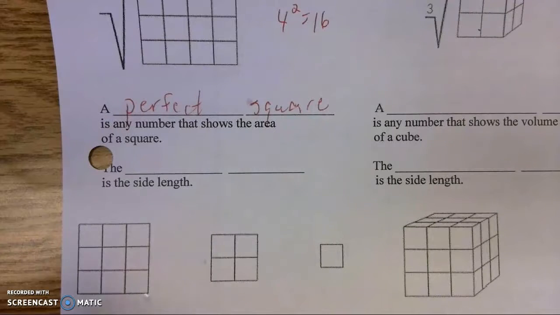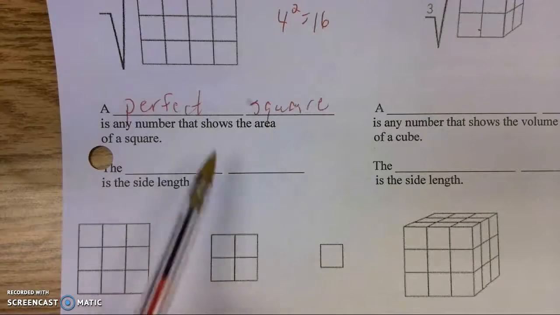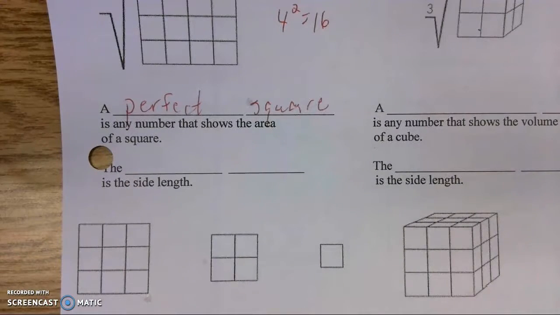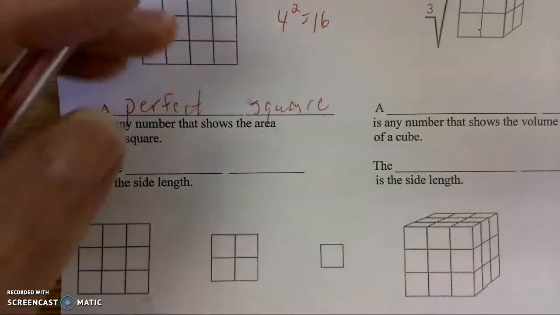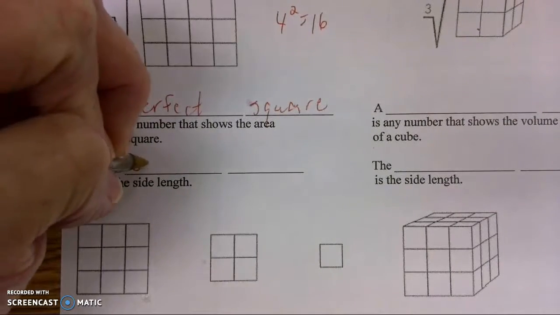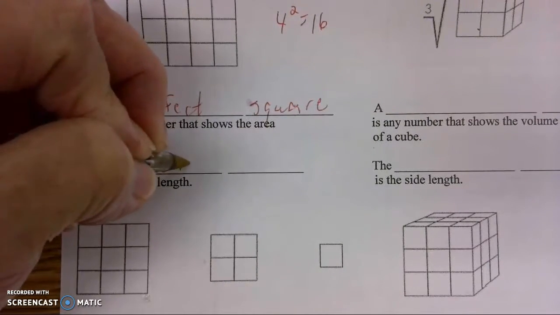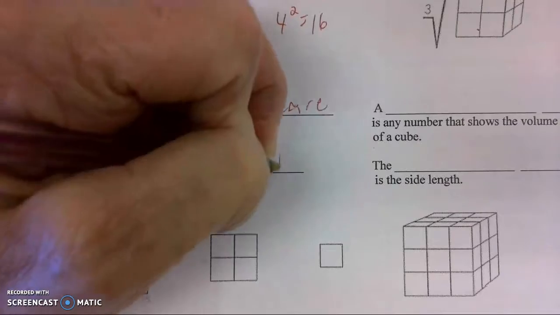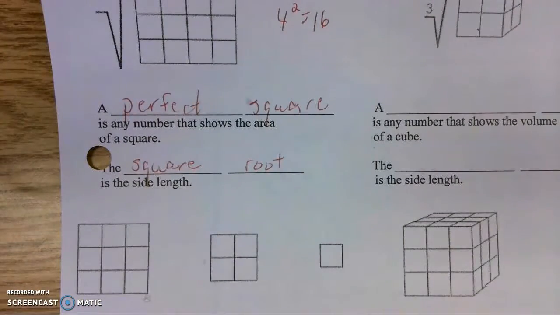There are other squares, for example, 1 and 9 and 25, 36, and so on. I make a square, a perfect square, out of that total number. The square root, then, is the length of the side.